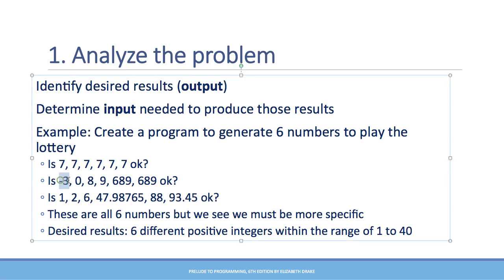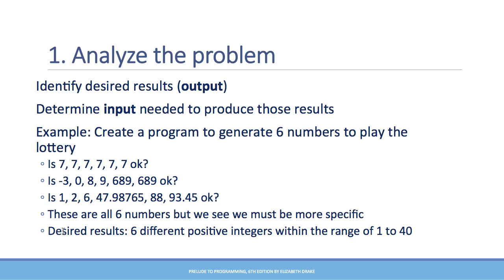Is a -3 and a 0, 8, 9, blah, blah, blah, is that okay? Lottery tickets don't usually have negative numbers, right? Is 1, 2, 6, 47 point blah blah blah or 93.45, is that okay? Probably not, because lottery tickets tend to only use integers, right? So we have to find out from the client what is okay for our lottery ticket program.